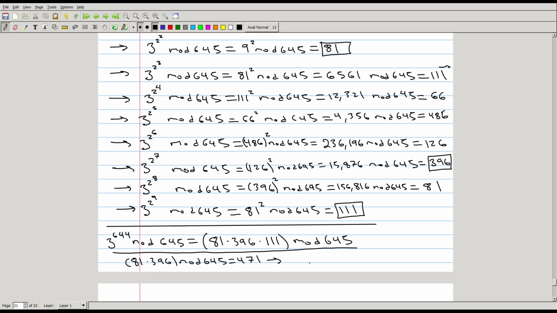And then our answer is going to be this 471 times 111, because this mod 645 is 471. So our answer will be this times 111 mod 645, which we calculate out to be 36.